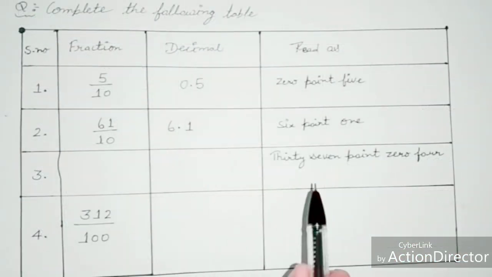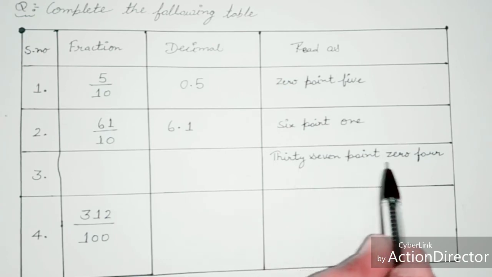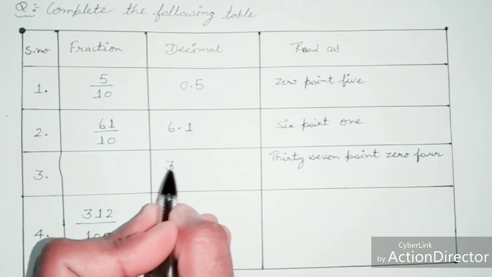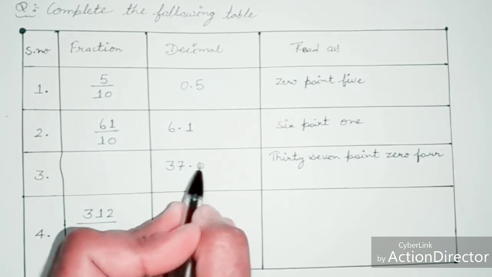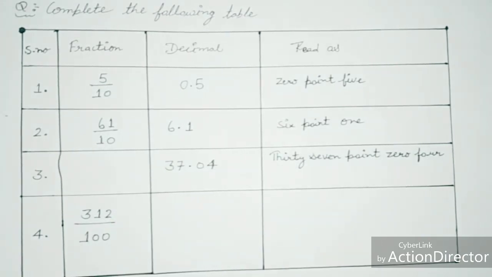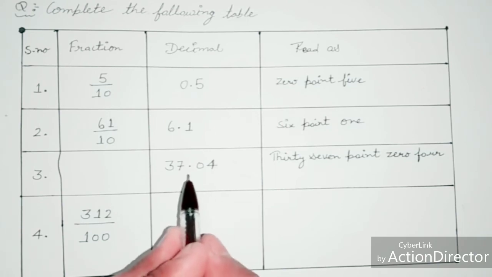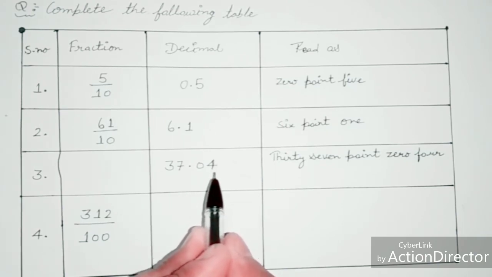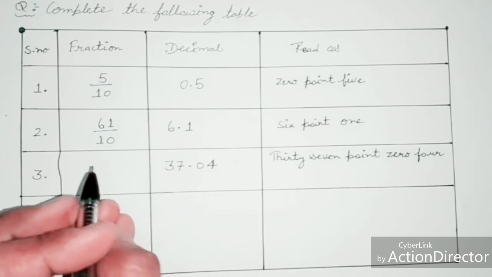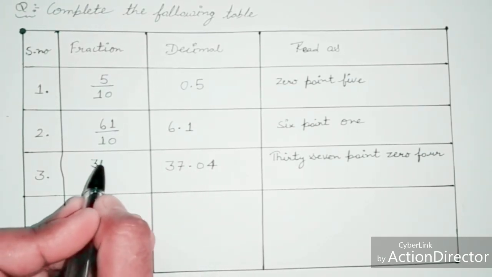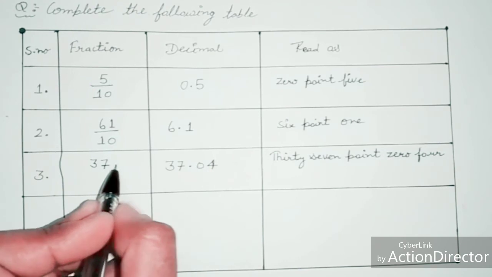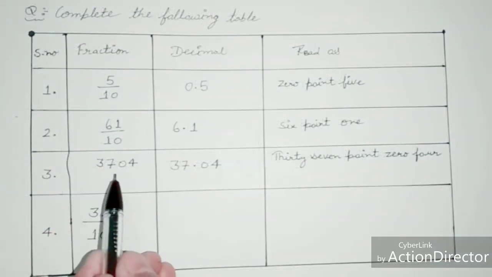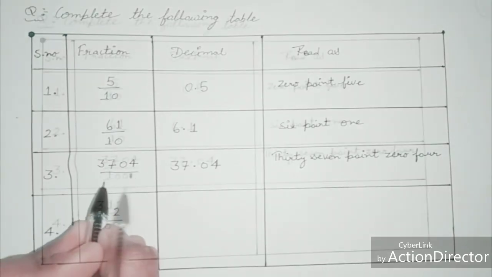Now the next number, 37.04. So first we write in decimal form 37.04. This number has two digits after the decimal, so we write this number in fraction form as 3704 upon 100.